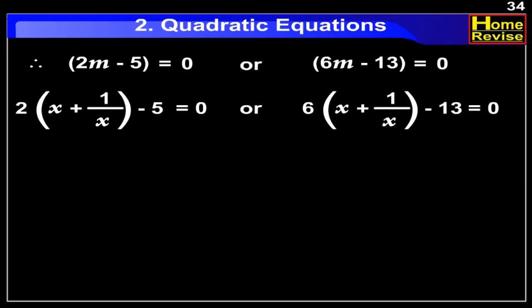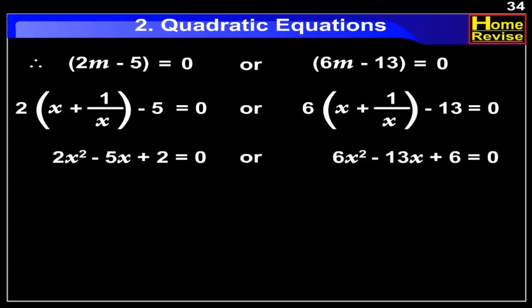After solving the brackets, we get 2x² − 5x + 2 = 0, or 6x² − 13x + 6 = 0.